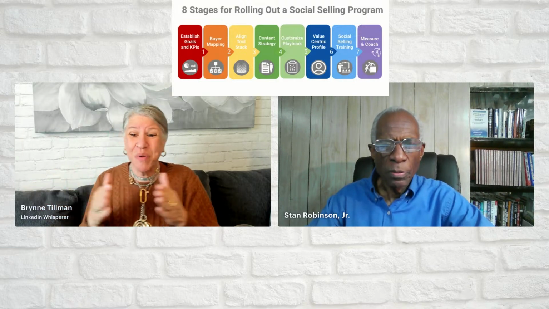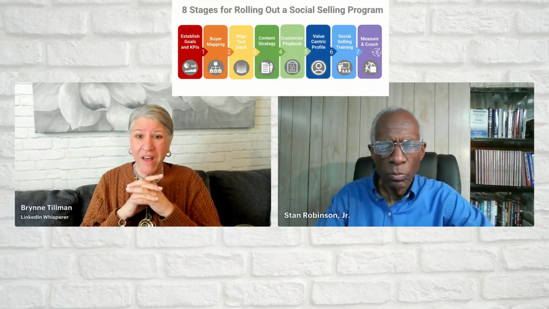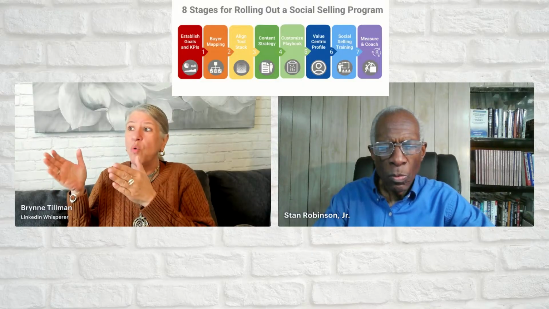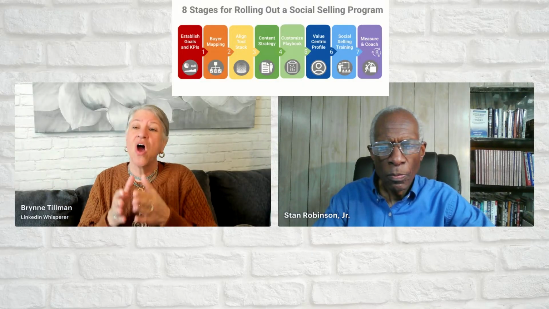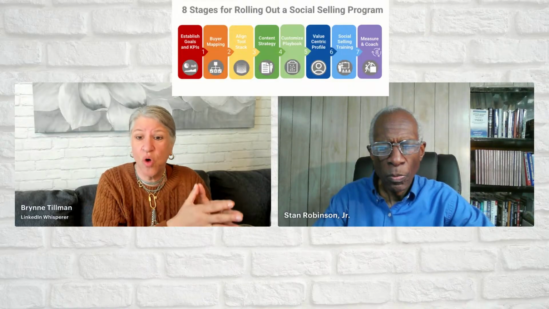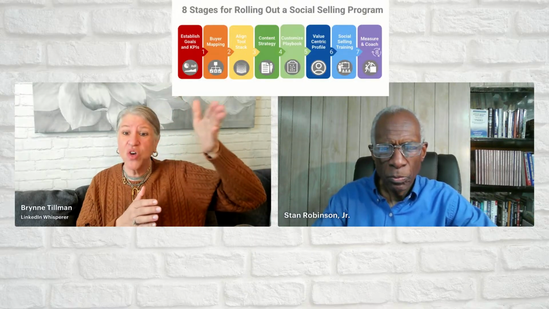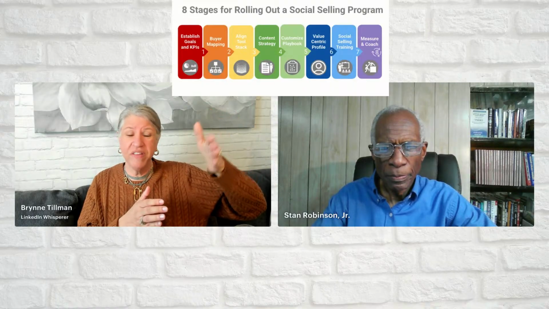So the first thing we want to look at before we roll out any LinkedIn social selling program is what KPIs are important to meet the sales goals of the department or the company. So we want to start with, here are the sales goals that we want to achieve.